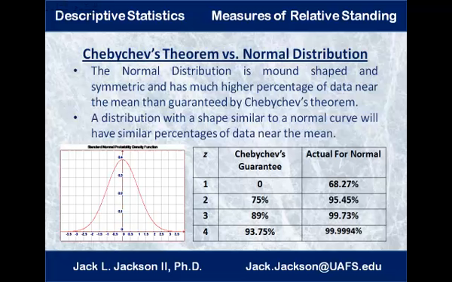If you go out to 4 standard deviations, which is a little bit off the screen here, you get 99.9994% of the data, practically all of it, in a practical, real-world sense. In most situations, that would be considered practically everything, if it's a normal. But if it's not a normal, Chebychev's theorem only guarantees 93.75%.